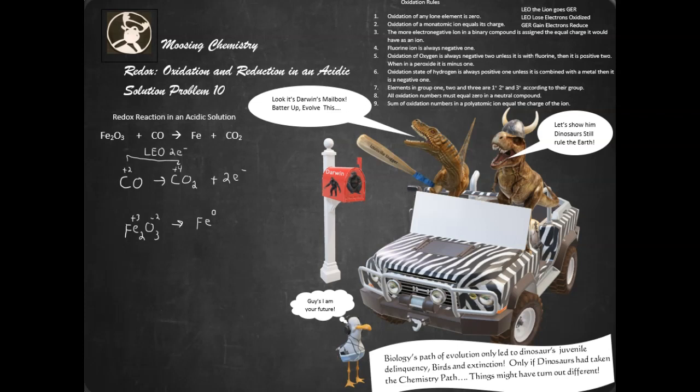Let's clean this up a bit again. We're going to go from a +3 to a 0, right? So we are going to gain electrons, and that means we're going to reduce. We're going to gain exactly 3 electrons. However, again, this 2 plays an important role right here. That means we've got to put a 2 in front of the Fe. But when we do that, we're going to double the number of electrons.